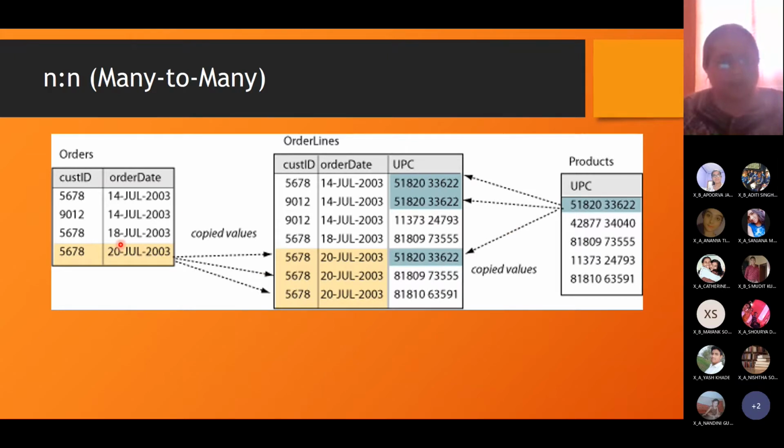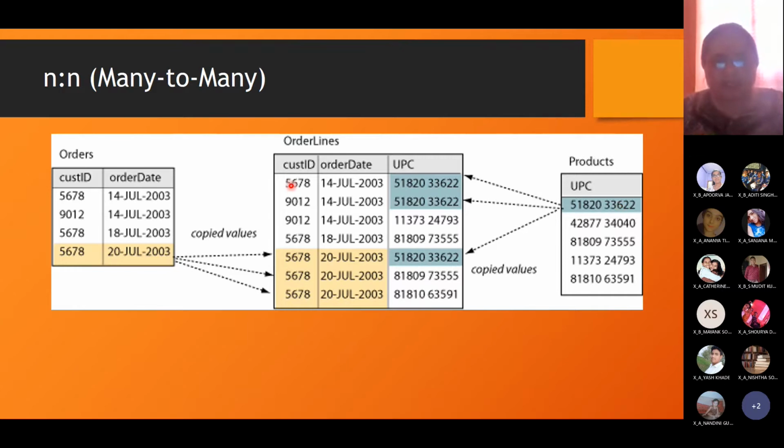One customer can purchase many items, more than one item. I purchased a television, I purchased a phone, I purchased a laptop. I as a customer can purchase multiple items, and the same laptop can be ordered by multiple customers.